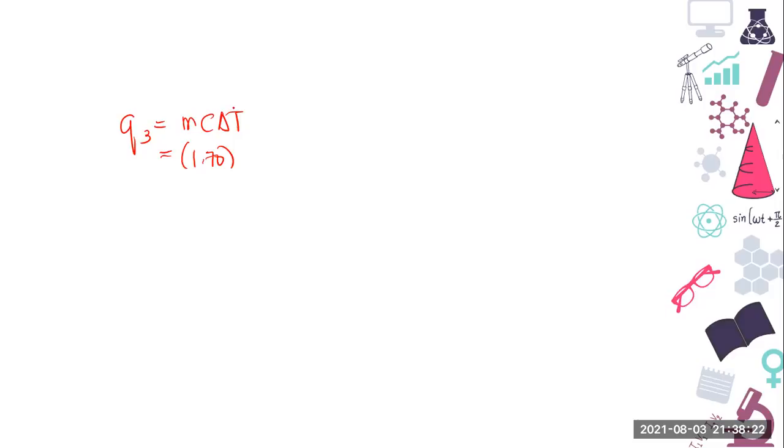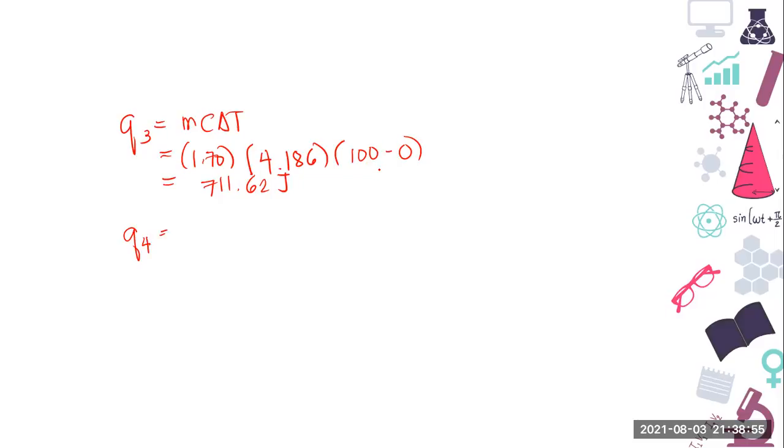Now this is liquid water, so you're using the C of water, which is 4.186. And then delta T, you're bringing it to 100, so your final temperature is 100. Let's put that so that you will see 100 from 0. So Q3 here is 711.62 joules.